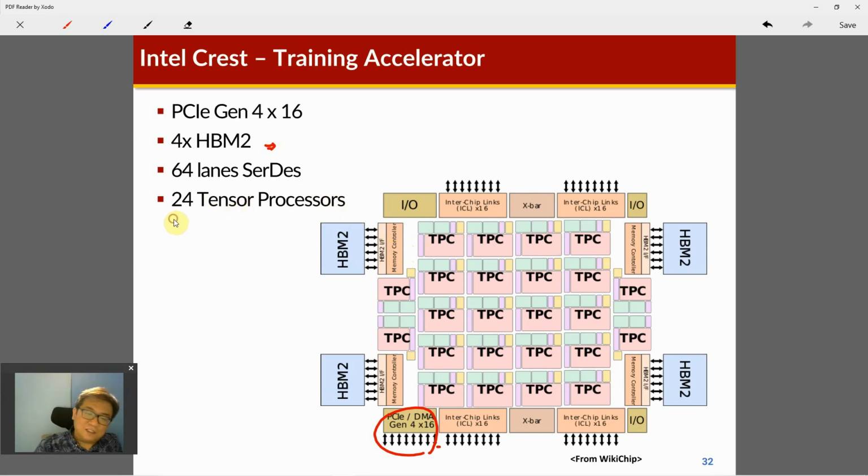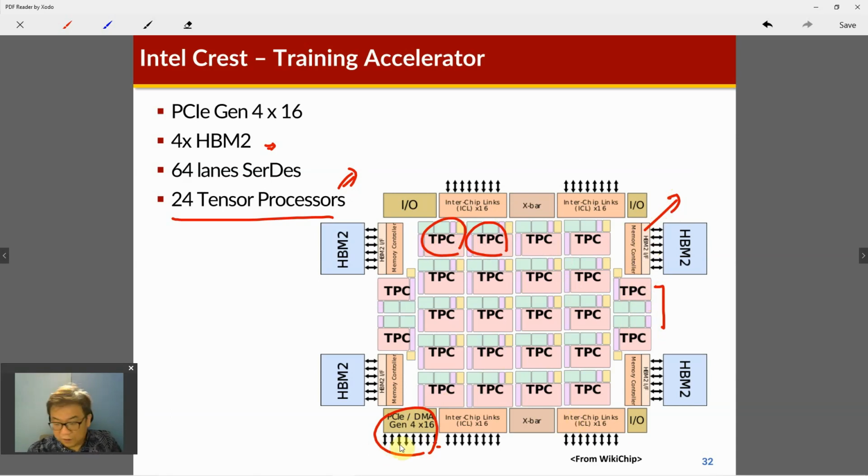As you can see, this is a tensor processor. This tensor processor accelerates the TensorFlow operation. So these are the tensor processor cores here. You can find 24 tensor processor cores here. And this is the HBM controllers. And then you can find the PCI interface here.